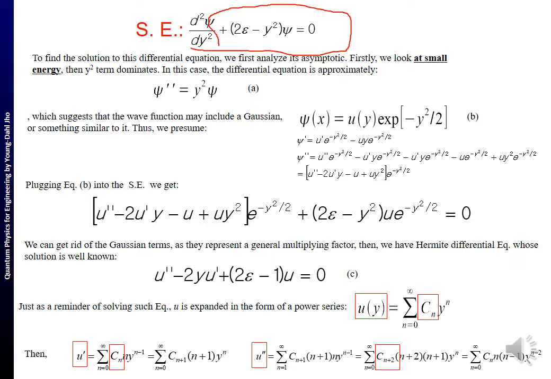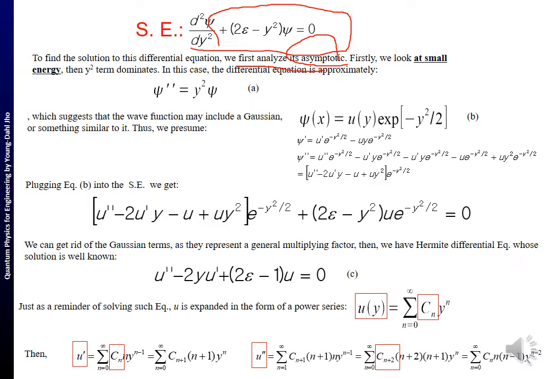To find the solution to this differential equation, we first analyze its asymptotic behavior. This is a very typical approach. When the equation is too complicated, we always want to make it simple, and usually we consider asymptotic behavior.